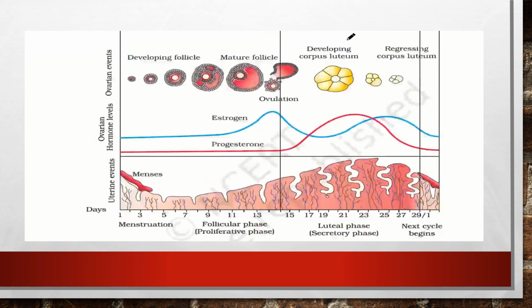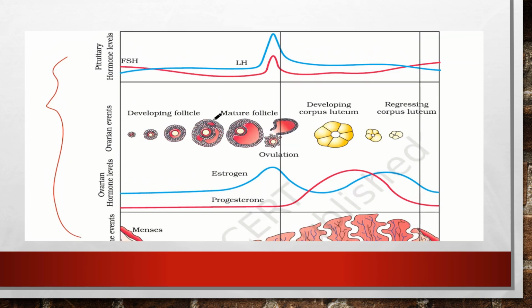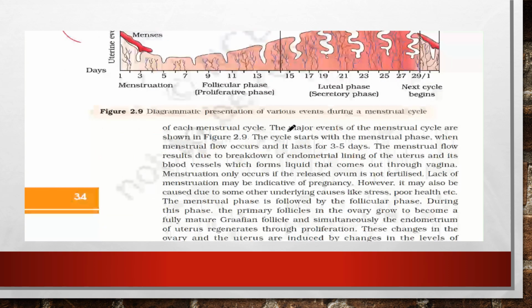We will see this in the diagrammatic representation of the menstrual cycle, which is very easy to remember through the diagram. But let us first read what the menstrual cycle is and understand that. One ovum is released per menstrual cycle.